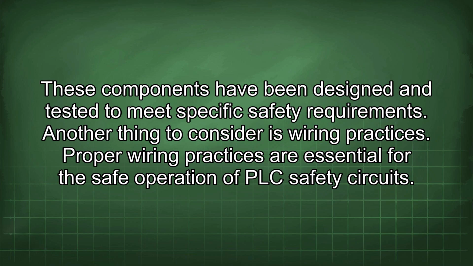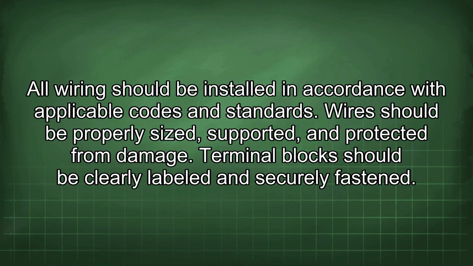Another thing to consider is wiring practices. Proper wiring practices are essential for the safe operation of PLC safety circuits. All wiring should be installed in accordance with applicable codes and standards. Wires should be properly sized, supported, and protected from damage. Terminal blocks should be clearly labeled and securely fastened.